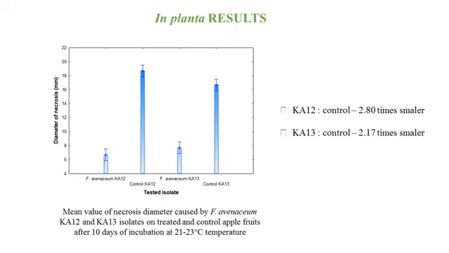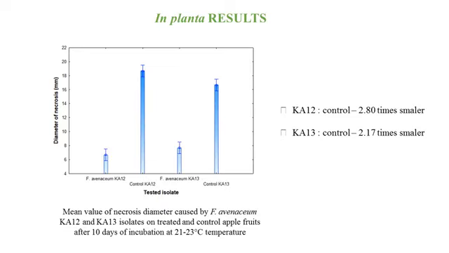It can be concluded that necrosis diameters measured on artificially inoculated apple fruit, compared to necrosis diameters measured on the control sample, were 2.8 and 2.17 times smaller for isolates Ka12 and Ka13 respectively.